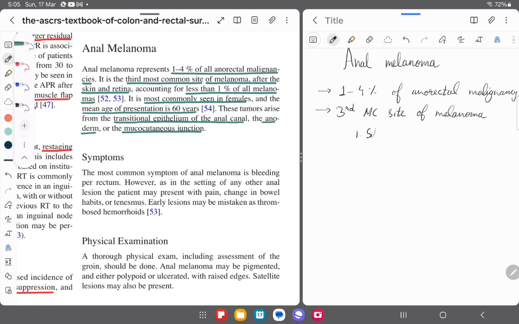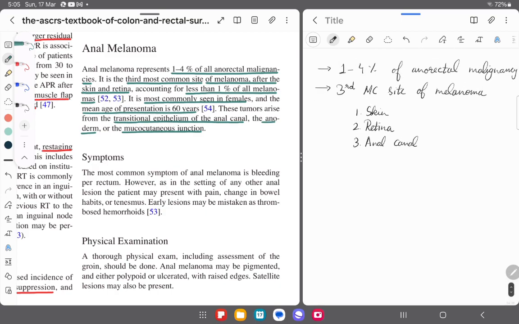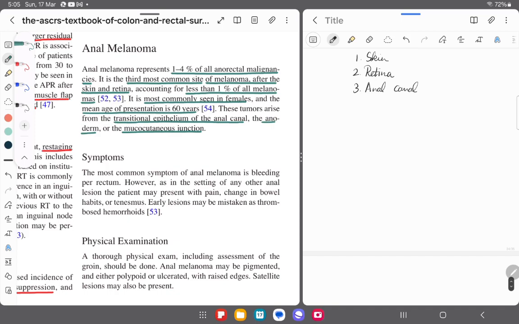So first is skin, second is retina, and third is anal canal. Most commonly seen in females. And mean age at presentation is 60 years.